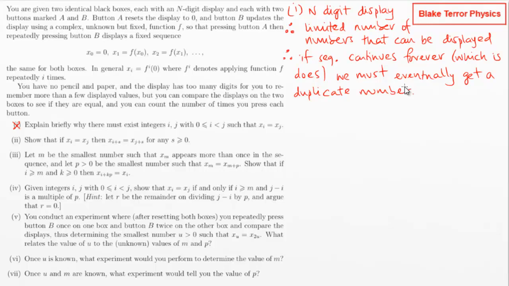But how do we show that? How do we actually put that into English or maths? If these things are the same and we're just running a function off of the same starting numbers, they're just going to stay in sync, aren't they? Provided we're doing the same number of presses from those points, they're going to keep staying the same. I could write that in English, but I'm thinking of maybe using their notation here.